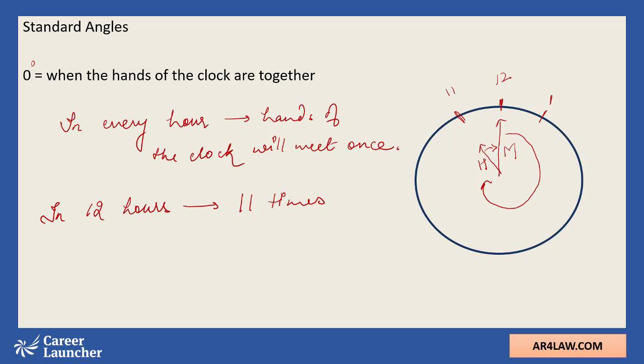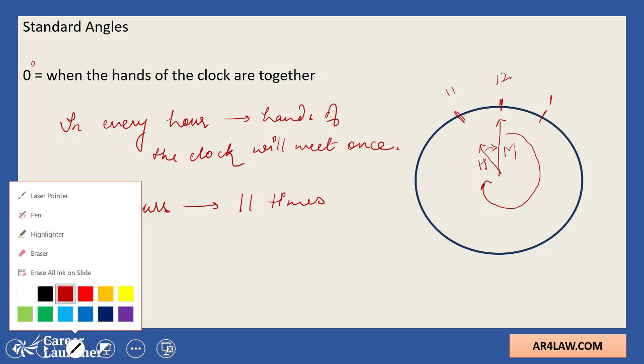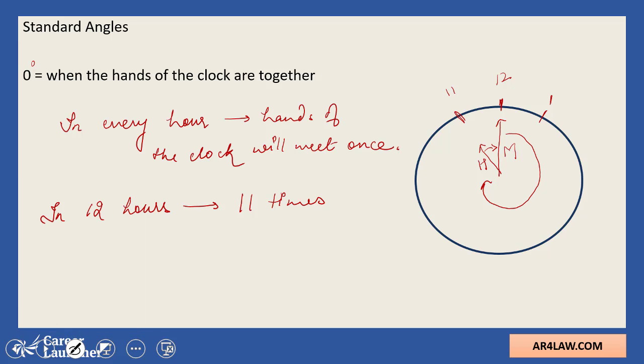And immediately after 12 o'clock, if at 12 o'clock they both are here, again after 12 o'clock the minute hand is faster. It would start moving at a faster pace, and by the time 1 o'clock happens, hour hand is at 1, whereas minute hand is at 12 only.